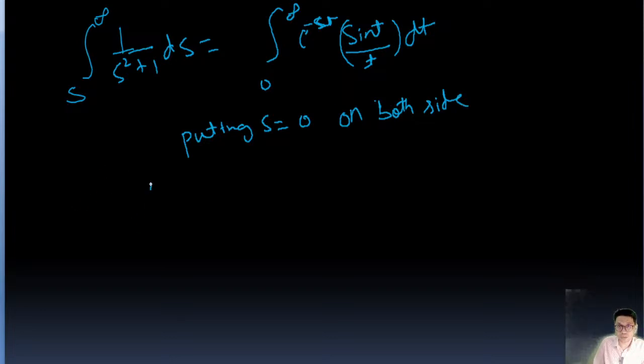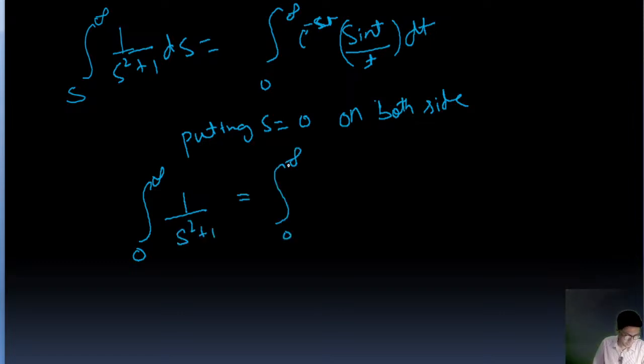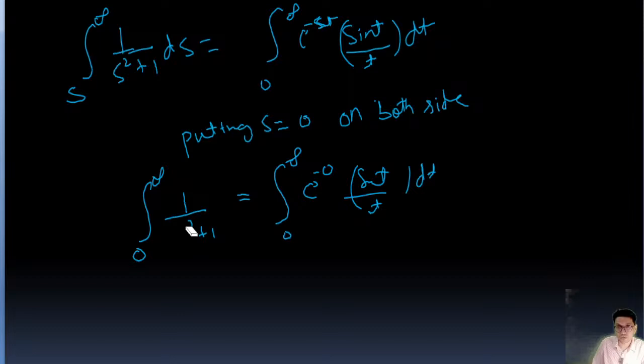So this is going to be integration 0 to infinity of 1 upon s square plus 1 ds equal to integration 0 to infinity of e to the power minus 0, that is s equal to 0, times sin t upon t dt. The e to the power 0 is going to be 1.